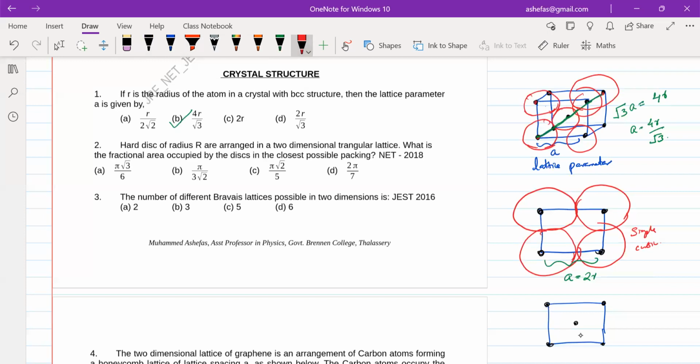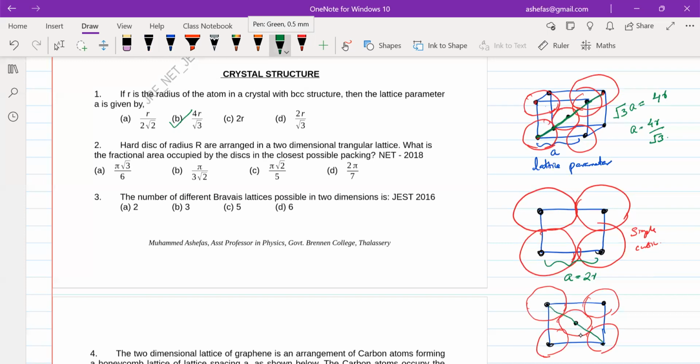Now, if you draw the bigger picture for the atoms, then the atoms at the corner and at the face center would be in contact.